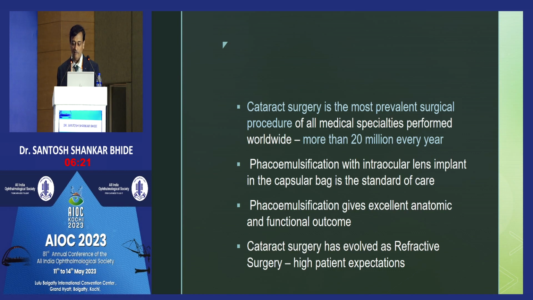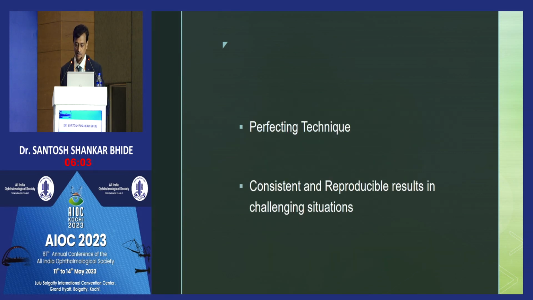And phacoemulsification is a gold standard surgery with intraocular lens implant in the bag as the standard of care. And we all know that phacoemulsification gives excellent anatomical and functional outcomes. So we have to perform perfect phacoemulsification surgery in all the patients. It is like asking our cricketers to do a century in all the matches.